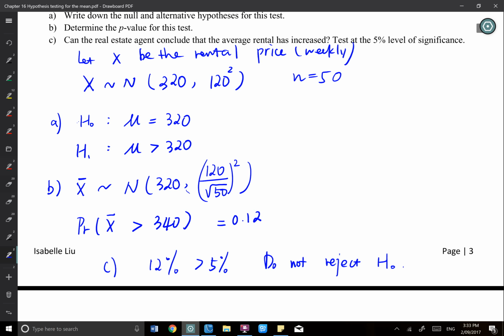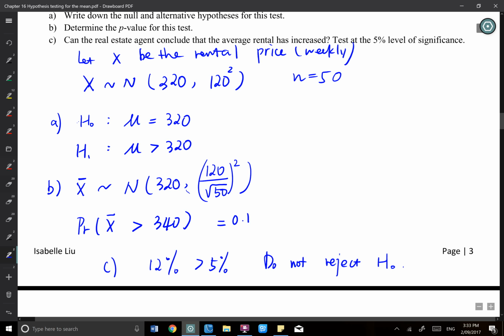Well, 12%, have a think. It's so easy to get. There's such a large possibility to get it, so we do not reject it. I may just write that into 4 decimals, but it doesn't matter. It's easy to pick it up.